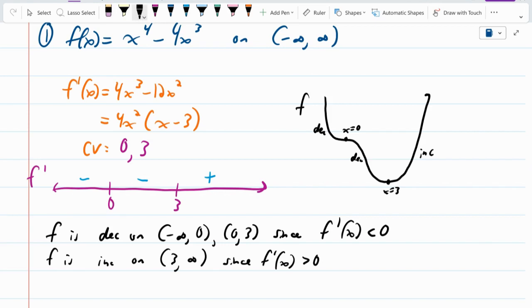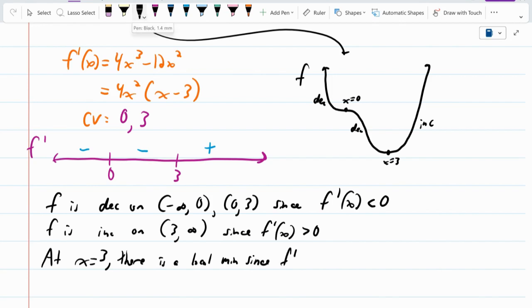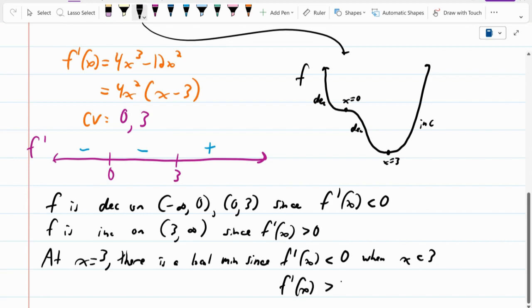And this matches because this is a y equals x to the fourth, a fourth degree polynomial. But also, if we look at the sign test, we know that at x equals 3, there is a local min since f prime of x is less than 0 when x is less than 3, and f prime of x is greater than 0 when x is greater than 3.